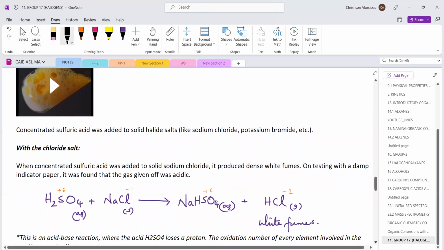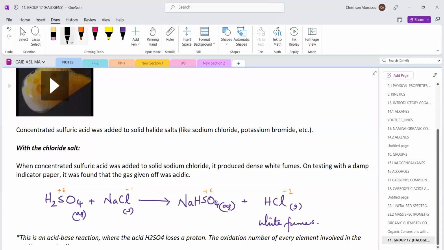It produces sodium hydrogen sulfate, NaHSO4, sodium bisulfate as we call it, and it produces hydrogen chloride gas. The hydrogen chloride gas is the one that is seen coming out as white fumes. What's interesting to note is that sulfuric acid has two hydrogens.